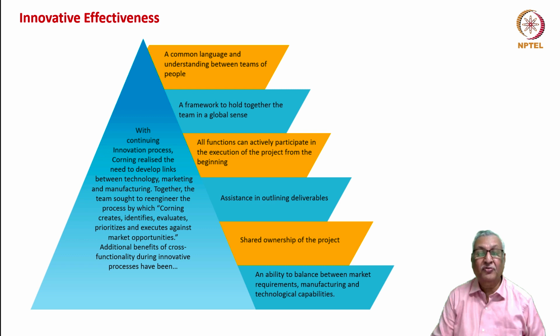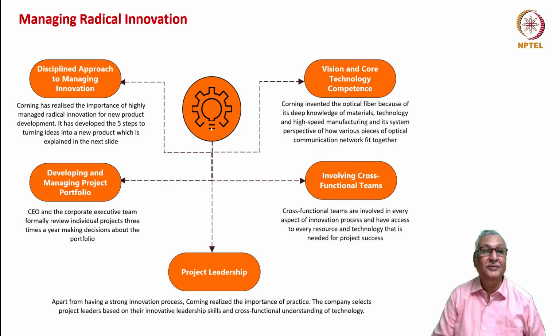And there have been lots of common cross-functional approaches, a common language and understanding between teams of people, a framework to hold together the team in a global sense, participation by all functions in the execution of the project from the beginning, assistance in outlining deliverables, shared ownership of the project, and an ability to balance between market requirements, manufacturing, and technological capabilities. Some of these concepts we have discussed as part of our various lectures.